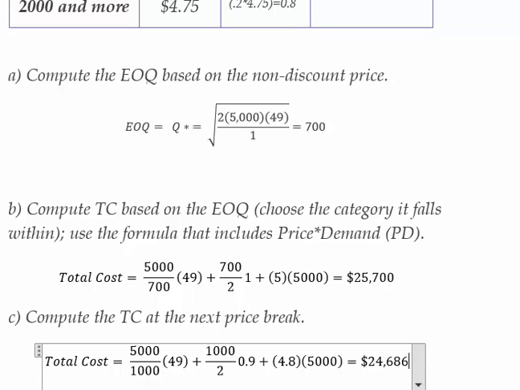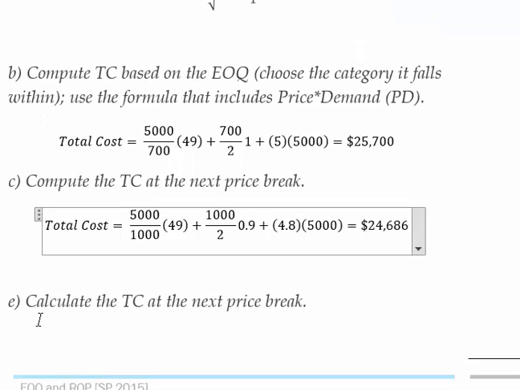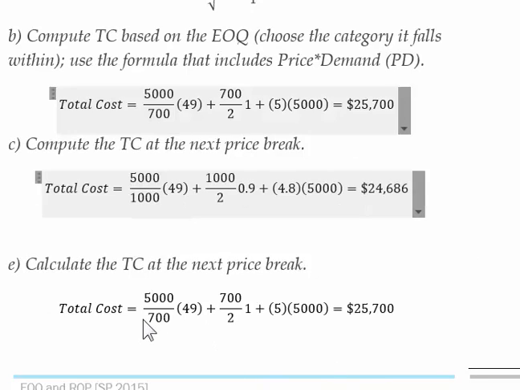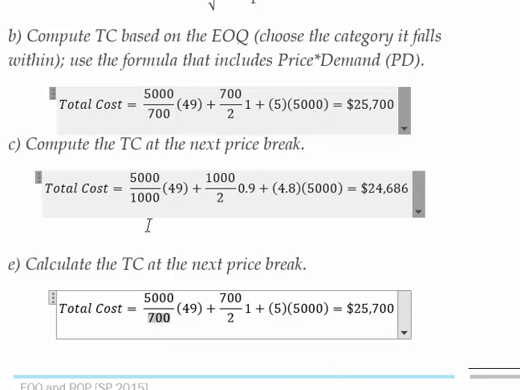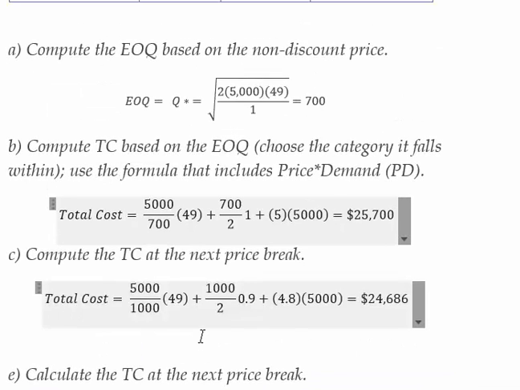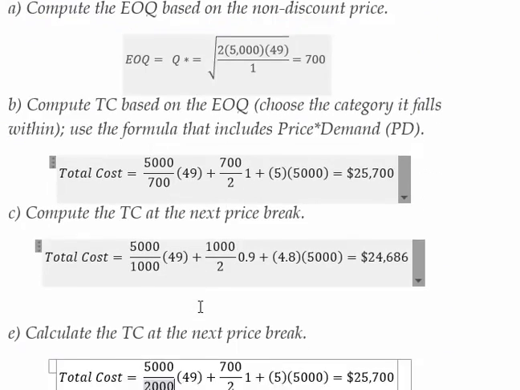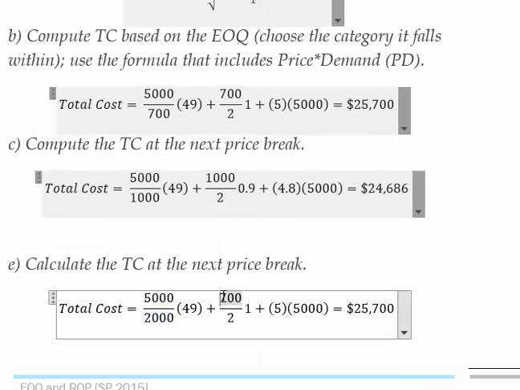And then we have to do the same thing one more time because we have one more price break. So we'll put that here. But now we can't buy 700, we can't buy 1,000, we've got to buy 2,000, because up here, that's what it says. In order to get this next price break, we need 2,000. So we buy 2,000, this changes to 2,000.